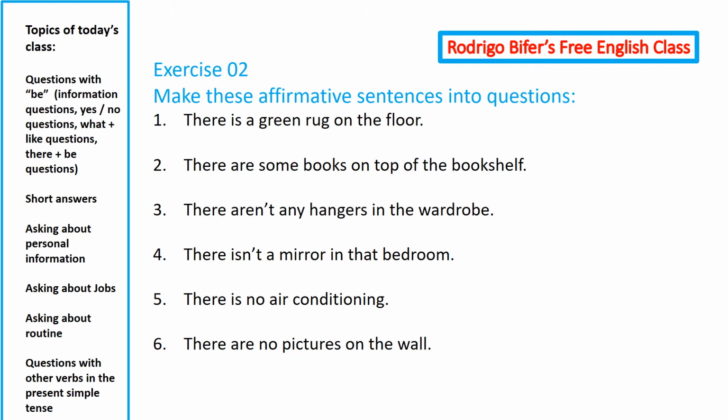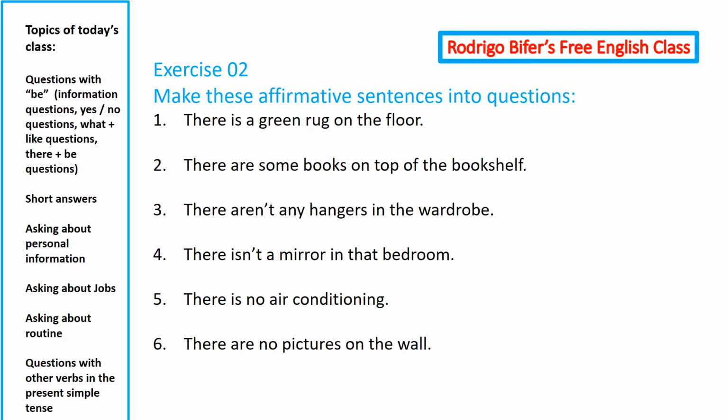Okay, so actually remember that for questions the verb to be comes before the subject. Okay, all right, so here what happens is that the verb to be will come before the word there.